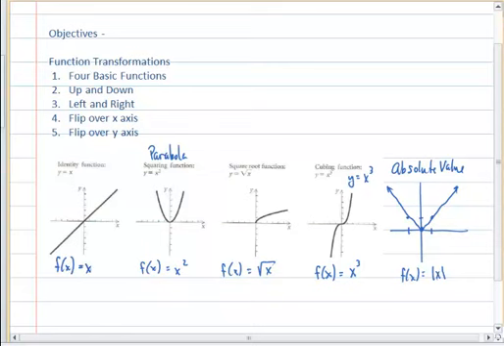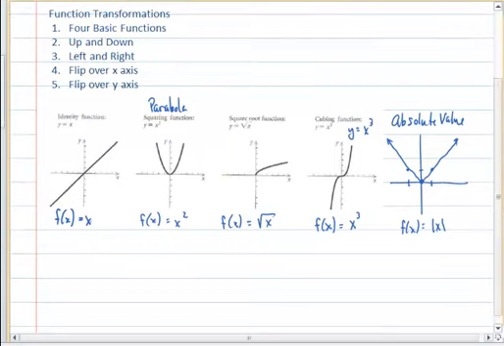Okay, so let's talk about moving a function up or down. So we'll start out with any one of the four functions, and we have to describe the function by how its handle moves. Now each one of these functions has a handle that is at the origin. In the worksheets that we worked on in the last couple days, we were talking about moving the functions up and down.